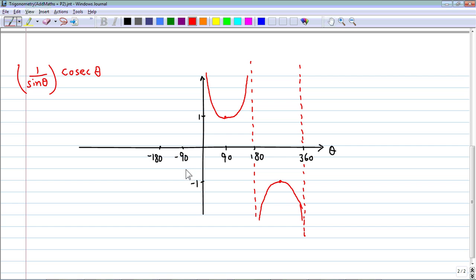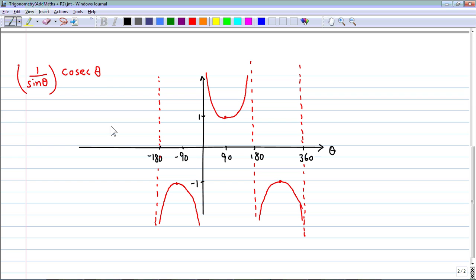Okay, so we're going to get the same behavior on the left hand side as on the right, but just reversed. So between 0 and minus 180 we'll get a negative portion of the curve, again with its maximum at minus 1 and going to negative infinity.